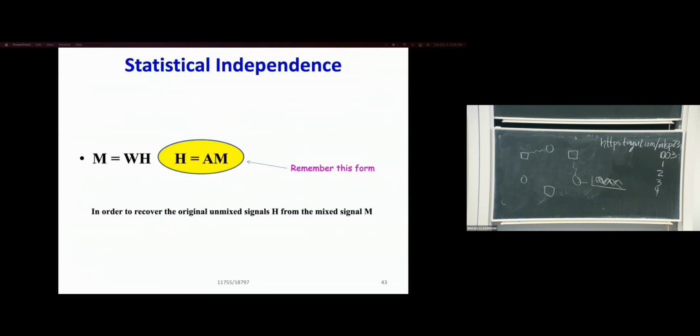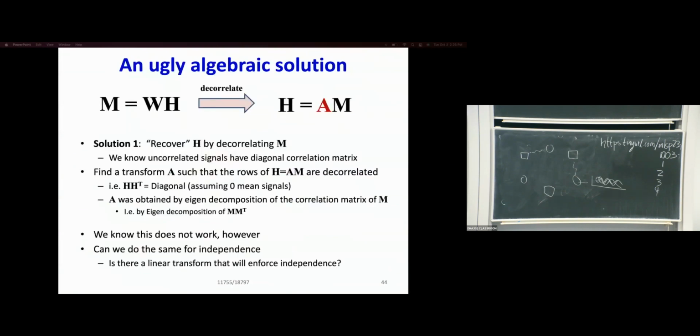If we have M is WH, then H can be written as W inverse M, and we can rewrite that as AM. The first way is a brute force, naive way.